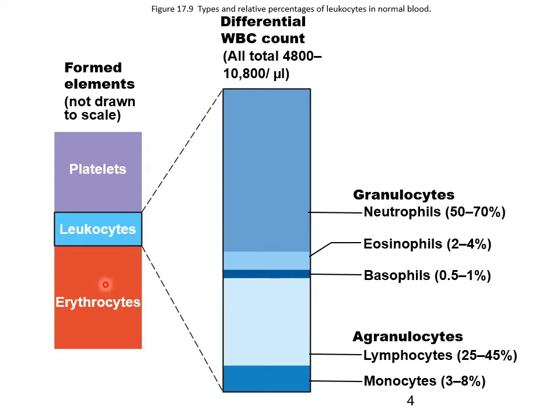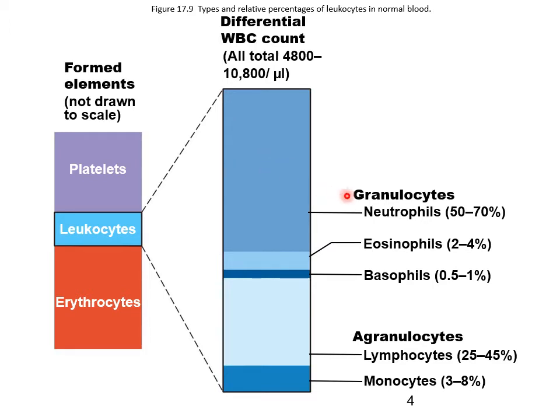So this diagram shows you a breakout of the different populations of white blood cells. It gives you an idea of platelets, one of your formed elements, white blood cells, another formed element, and erythrocytes, red blood cells, your third formed element. And if you expand your neutrophils, you will see that this is a differential white blood cell count.